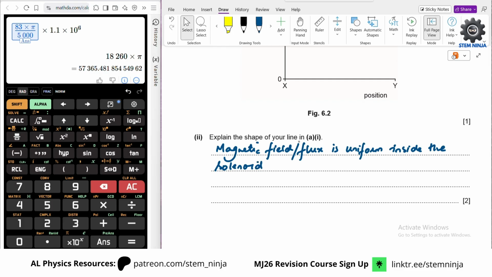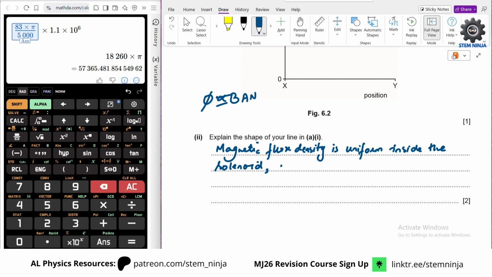Actually, the better term should be magnetic flux density, field strength basically. Flux density is uniform inside the solenoid, and flux linkage is proportional to B, and actually equal to BAN. All of those are the same.